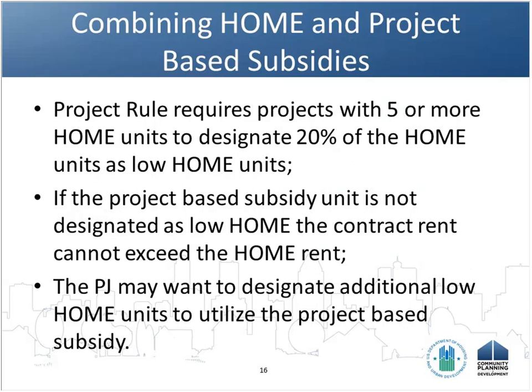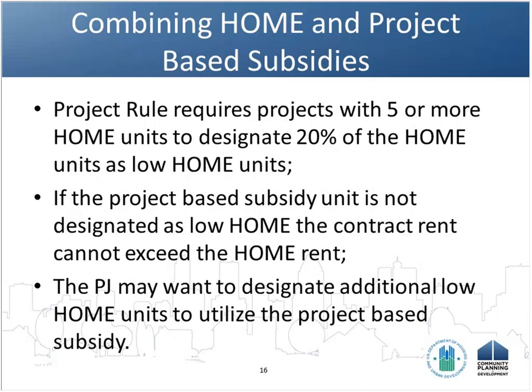The thing to keep in mind is that project-based subsidy can only be used in combination with low HOME units. And we know that the project rule requires that at least 20% of our units, if we have a project with 5 or more HOME units, are designated as low HOME units.